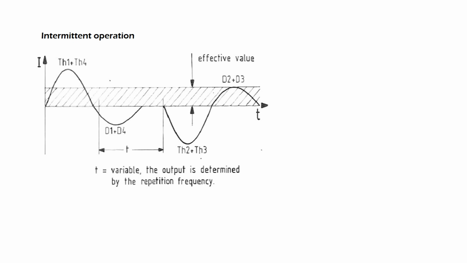The effective value of this current decreases as the time t increases, that is, the intervals turn to be longer. The frequency with which the thyristors are made to fire is termed repetition frequency or F-rep. The more the repetition frequency rises, the more the effective value of the current rises, and so, the secondary end charge of the high-tension capacitor, that is, the high tension applied to the tube.